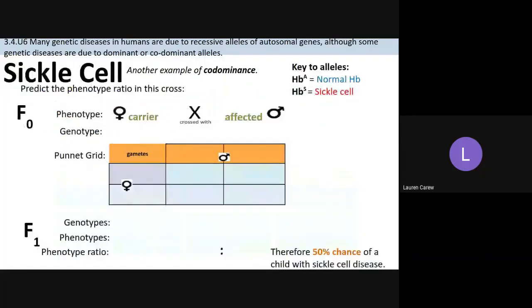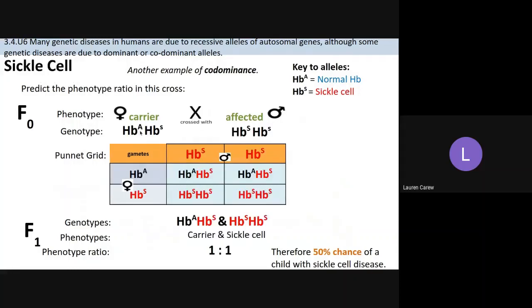So we're going to use our Punnett squares, and let's predict the phenotype in this cross. Remember that sickle cell is codominant, so we're crossing 1 carrier with an affected individual. A carrier would have one normal hemoglobin allele and a sickle hemoglobin allele, so we're going to put them over here.